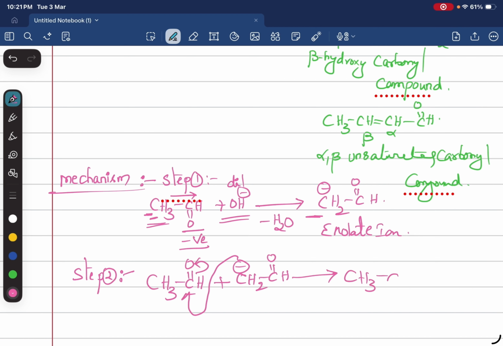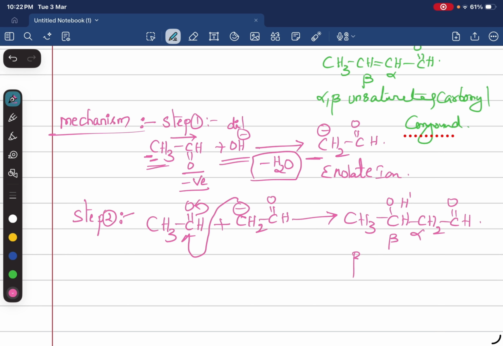CH3 CH O minus CH2 CHO. Whatever H2O was released in the first step provides H plus, which attaches to O minus and becomes the OH group. This is what we got in this step. That is the beta hydroxy carbonyl compound.